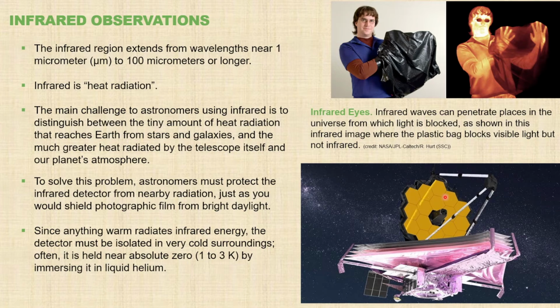So whatever radiation is blocked, it's the best place for a telescope like this one to observe any infrared radiation coming from galaxies, the stars that are 10, 12 billion light years away. That's the whole visible universe.